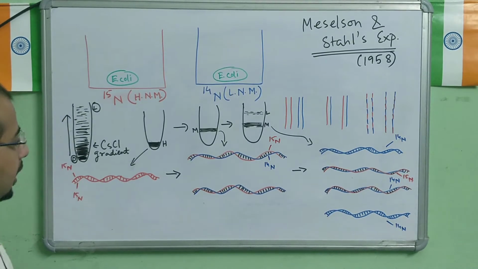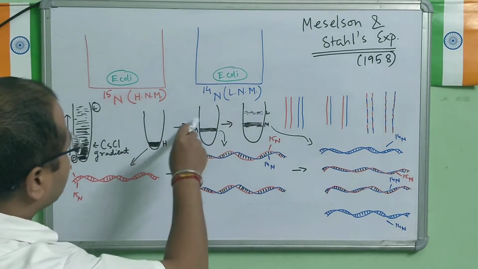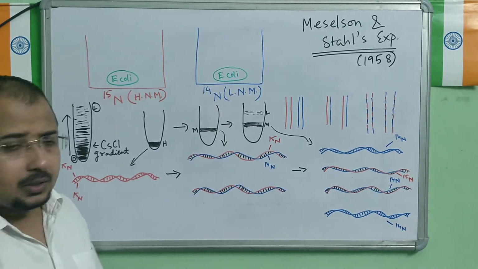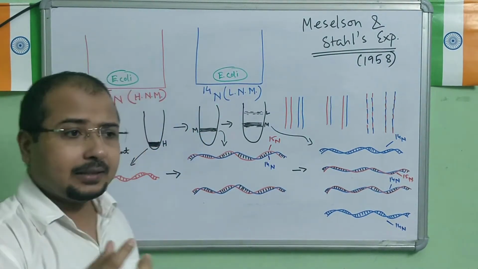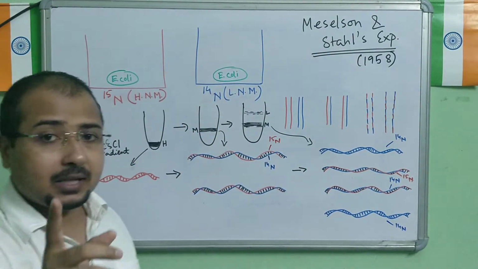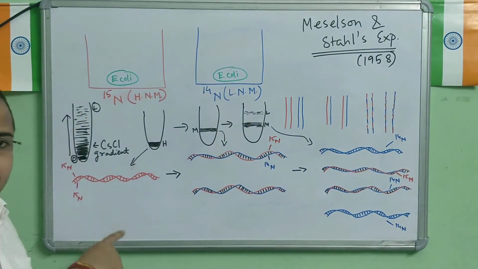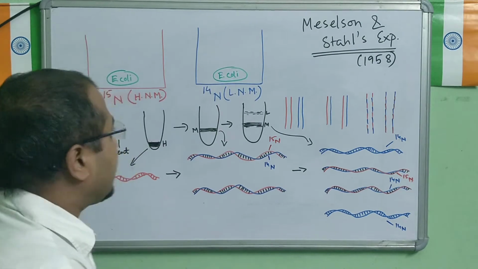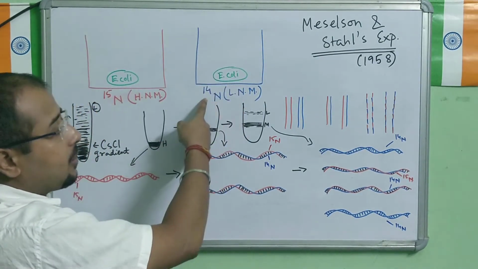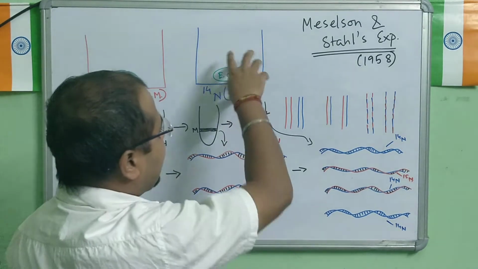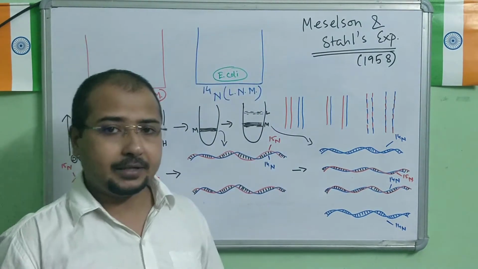Now what they have done is, from this medium they transferred the bacteria, meaning bacteria with heavy DNA, heavy strands of DNA, heavy nitrogen, to this medium. This is the N14, a light nitrogen medium.